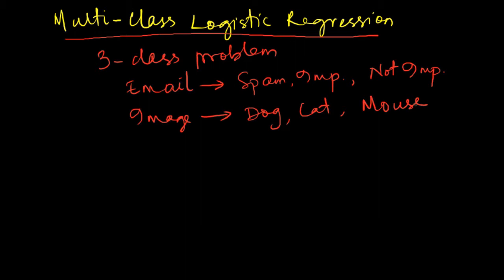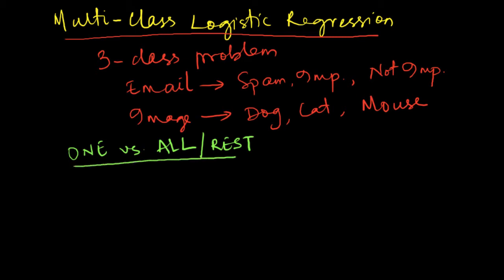So now how do you use binary classification? The first and the simplest method of doing this is called the one versus all method, or it is also called the one versus rest method. So how does it work?